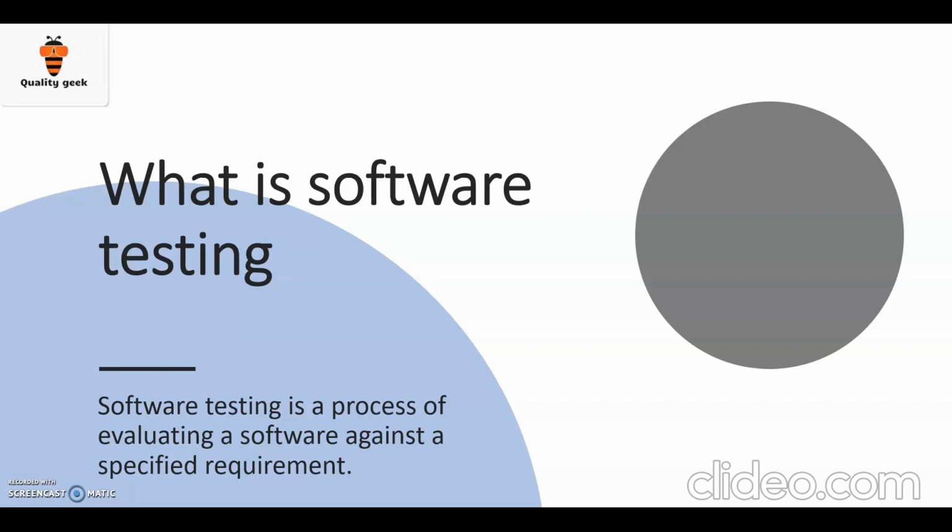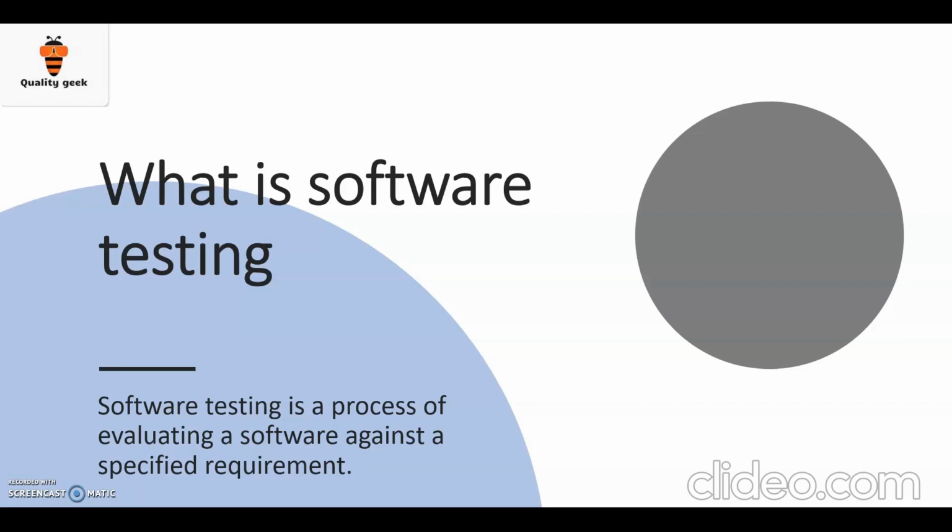So let's start with the definition. What is the software testing? So software testing is a process of evaluating a software against a specified requirement. So as I said, in the example of banking application, we have the requirement from the customer saying he wants to automate his banking software. So whenever the requirement comes from the client, this particular requirement is developed into a software.